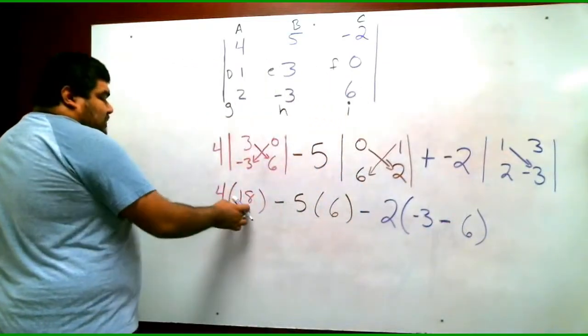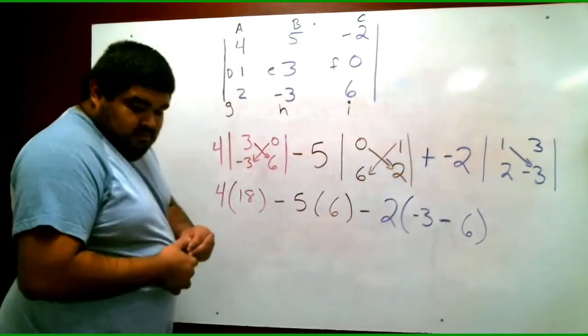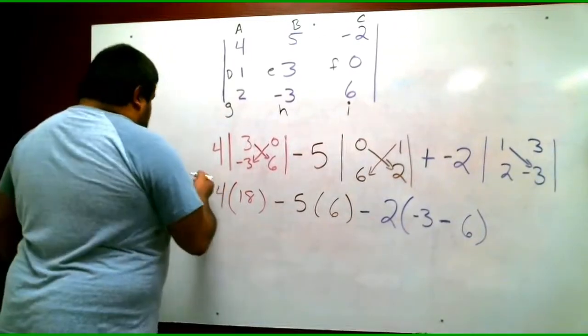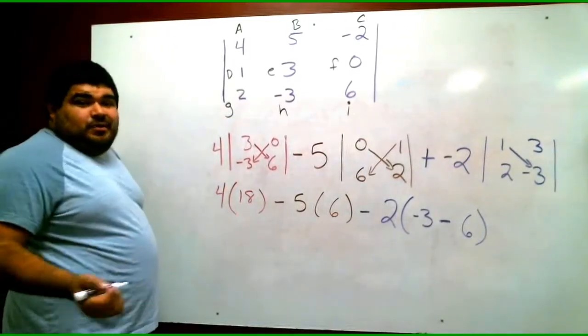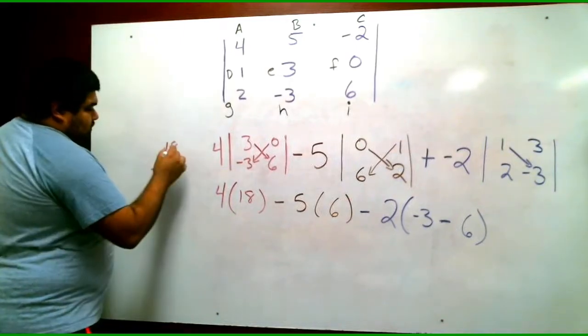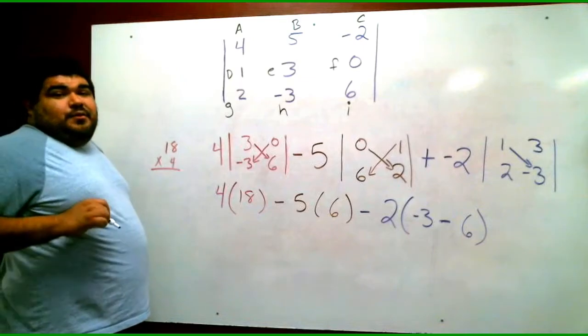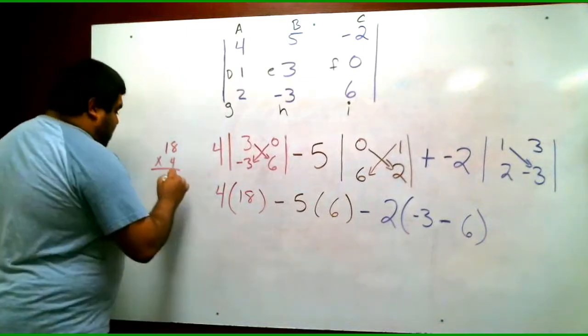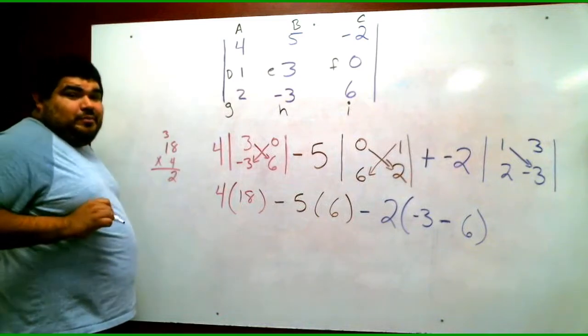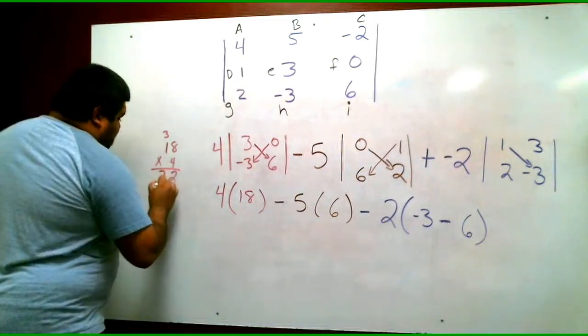Now we have 4 times 18. We're actually going to solve it the old-fashioned way. 18 times 4: 8 times 4 is 32, right? We have a 3. 4 times 1 is 4, plus 3 is 7.